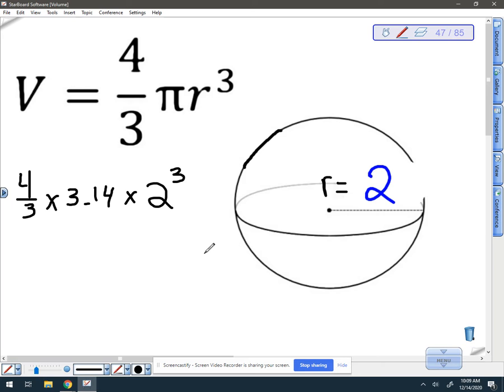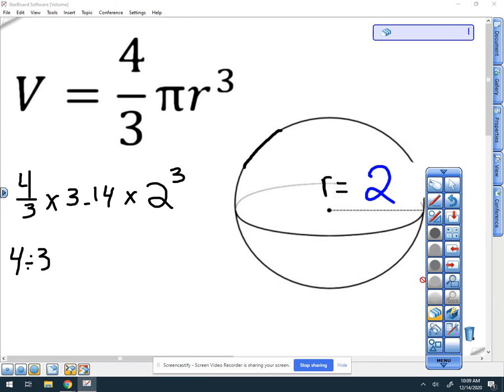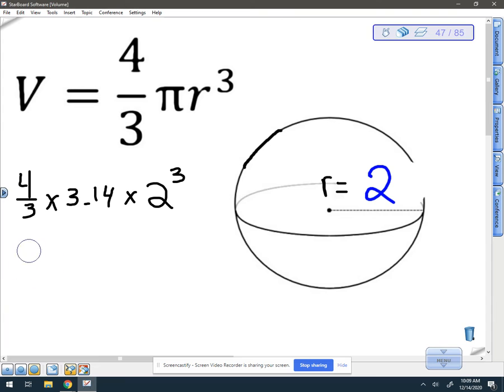The easiest way I tell people to put this in the calculator is for 4/3, type in 4 divided by 3. It depends on the calculator you have. If you have a calculator that can put fractions in, you can put 4/3 in. If not, put 4 divided by 3, times 3.14, and then times 2 to the 3rd power.